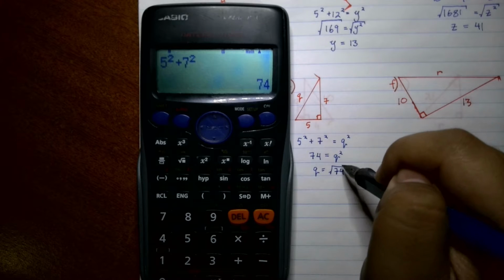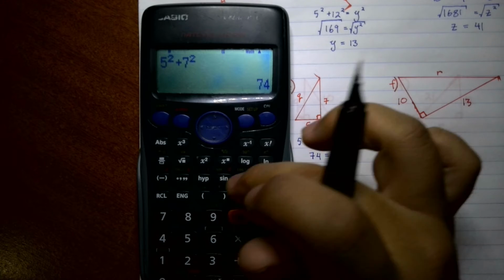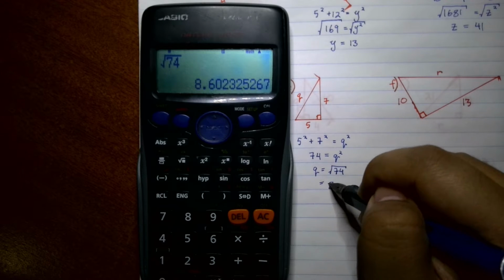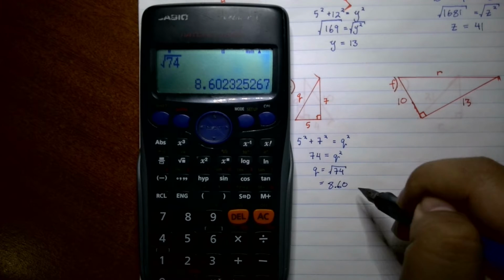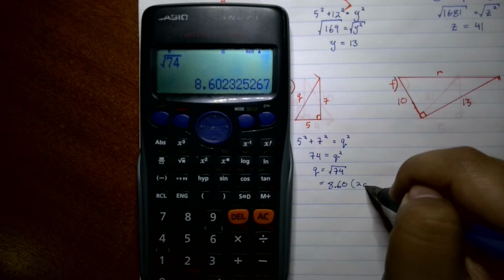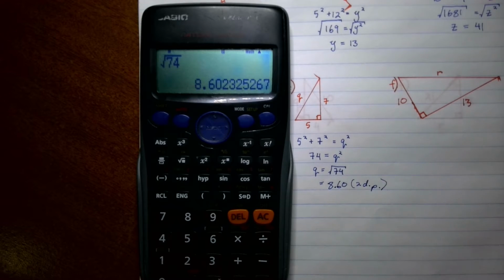That's exact form. But if we take the square root of 74, this will give us 8.60 and whatever units to 2 decimal places.